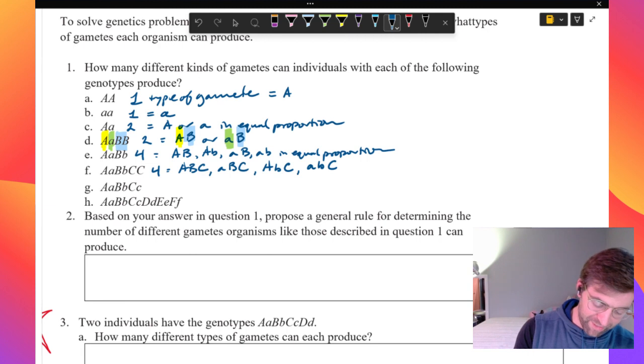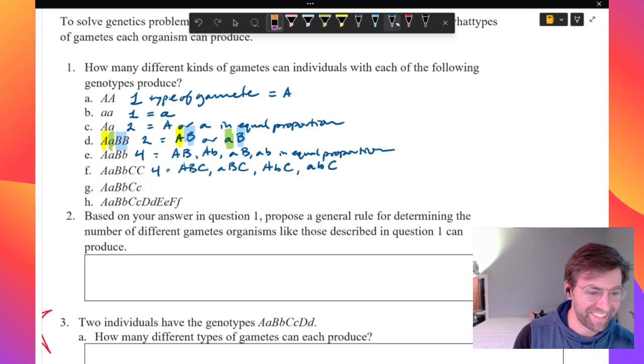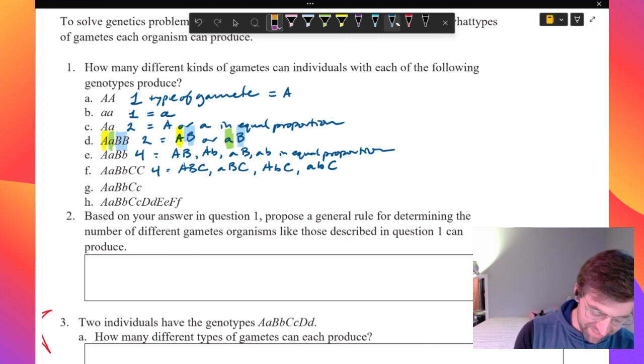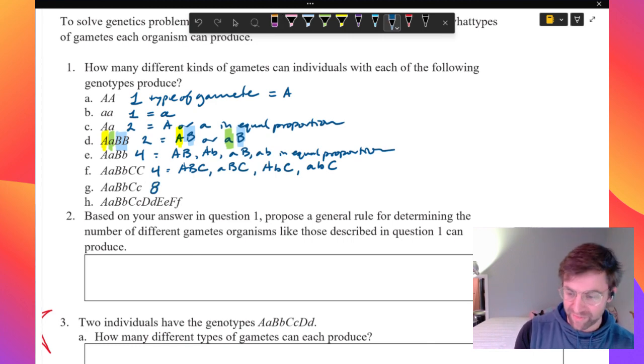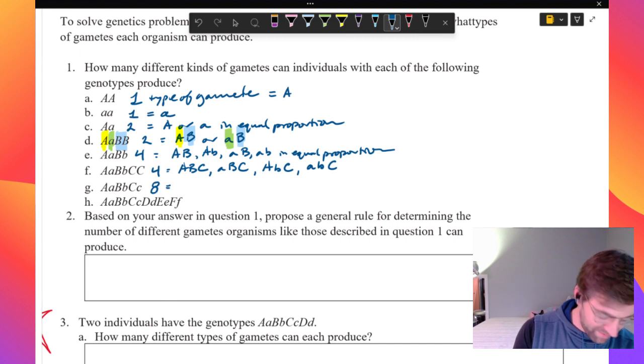Now, that breaks down when we have a third heterozygous trait. And here, you would get 8. And we are going to write all of these out.